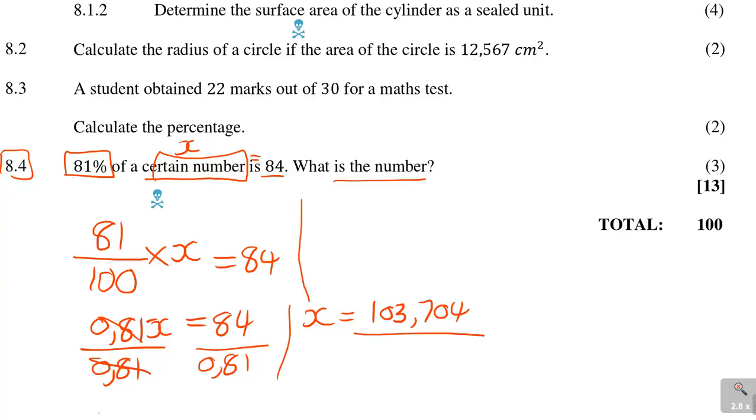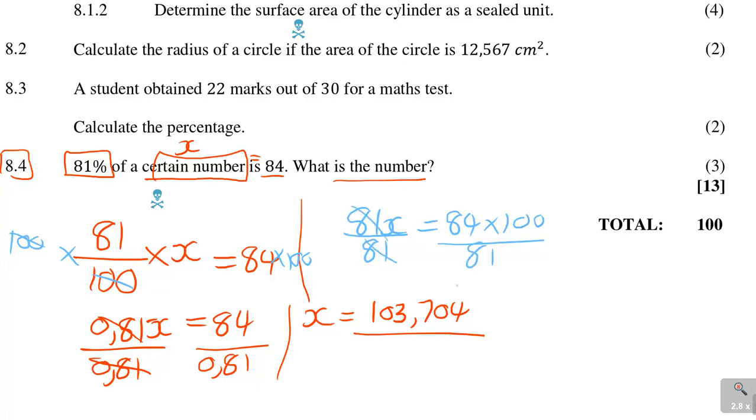Or someone will say, but I didn't want to do it like that. You can multiply by 100 here, multiply by 100 there. So you'll have 81x is equal to, when you do that, it cancels. It will be 84 times 100. Then divide by 81, divide by 81.